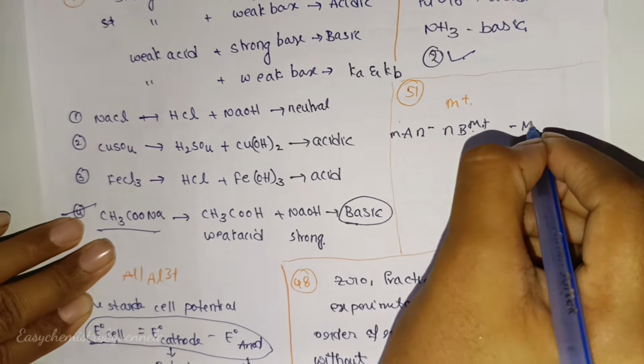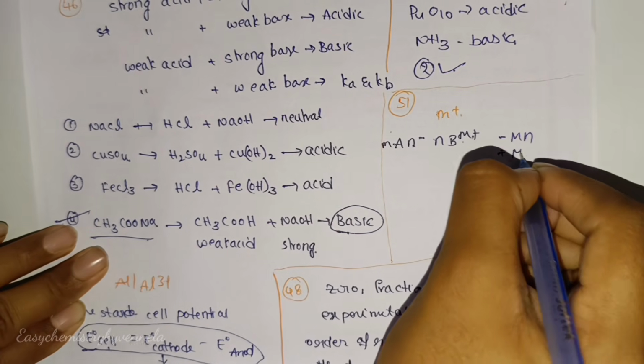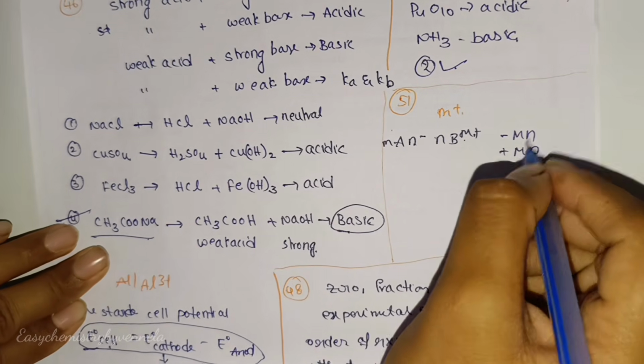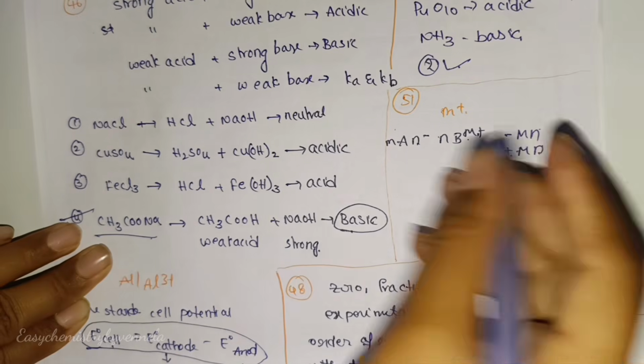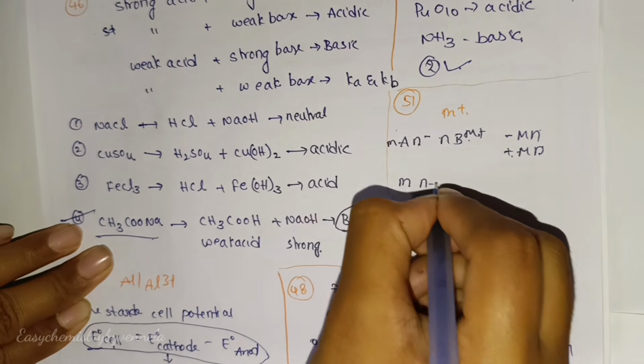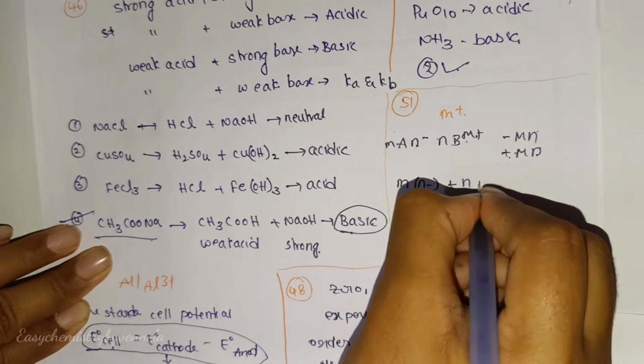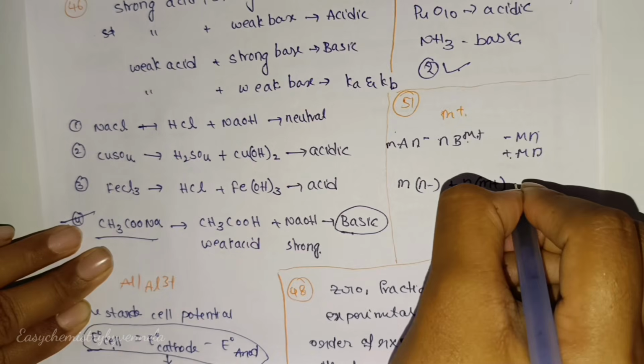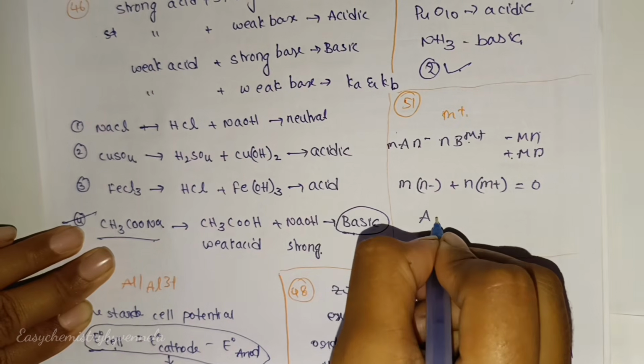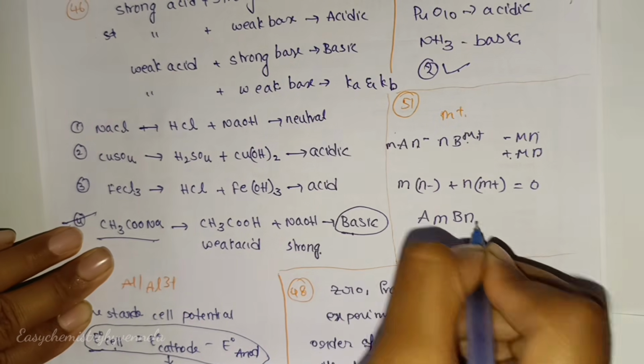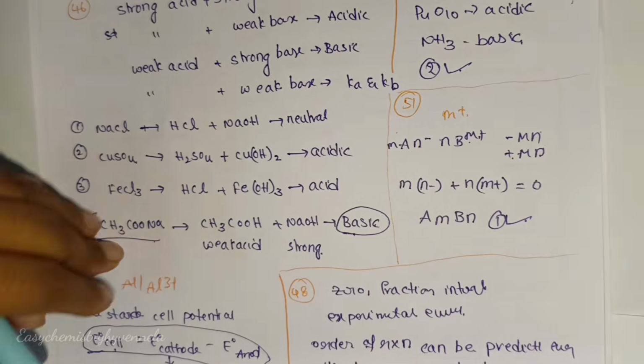Simply cross the charge numbers. M(n minus) plus N(m plus) is equal to 0. So AmBn. The first option is the correct one.